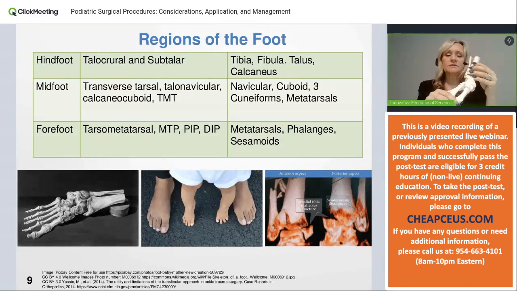Our forefoot then is made up of our phalanges, and our metatarsals also incorporate the joint of the tarsal metatarsal area. And all of these osseous structures are designed so that they are creating a mechanism where we have a stable base that can be made for propulsion to move the body through the gait cycle.